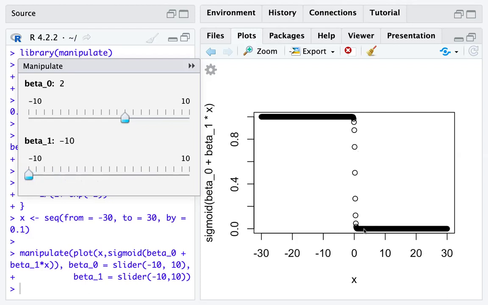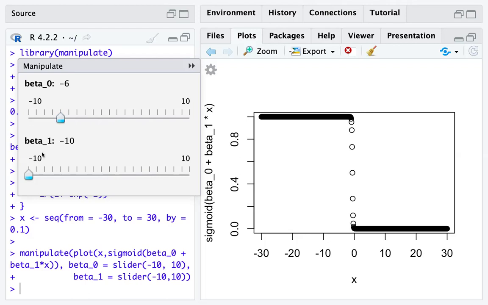So this is how it depends on beta 0 and beta 1. There's no easy interpretation of these parameters, like in the linear regression, in which beta 1 was the rate of how much y increases when you increase x.